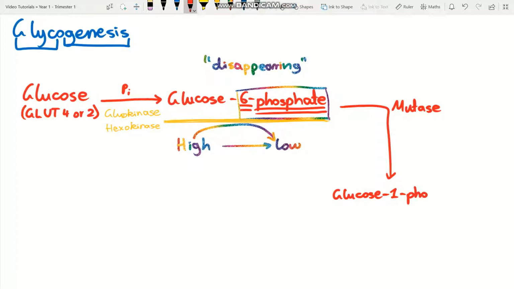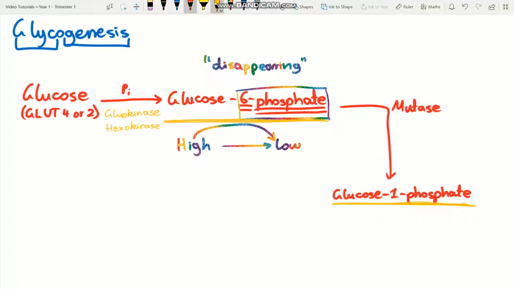And now you may be wondering, why does this occur? Glucose 1-phosphate is the molecule that is preferred in the formation of glycogen, as when the glucose molecule has this particular structure, it's able to polymerize and therefore form the long and branched glycogen chains.